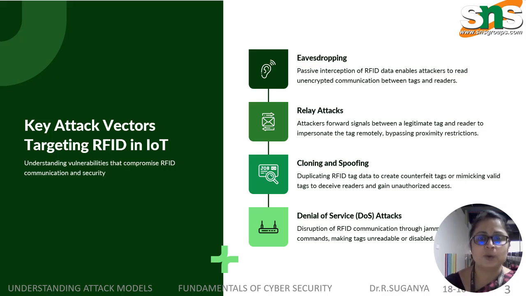And next is relay attack. Attackers forward signals between a legitimate tag and reader to impersonate the tag remotely by bypassing the proximity restrictions. And denial of service attack: disruptions of RFID communications through commands making tags unreadable or disabled. That we say is targeting RFID in IoT systems.